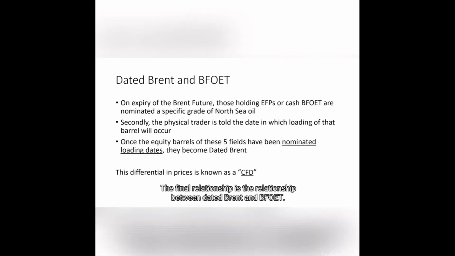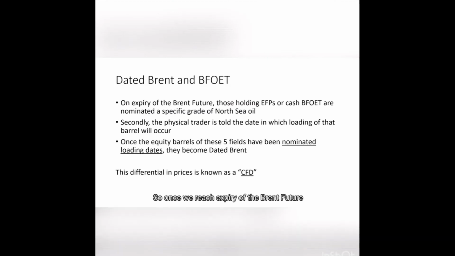The final relationship is the relationship between dated Brent and BFOET. Once we reach expiry of the prompt Brent future, in this case the August Brent future, on the 30th of June, those holding EFPs or the cash will be nominated a specific grade of those 5 BFOET grades of North Sea oil. Secondly, the physical trader will be told when in the month of August that particular barrel will be delivered.